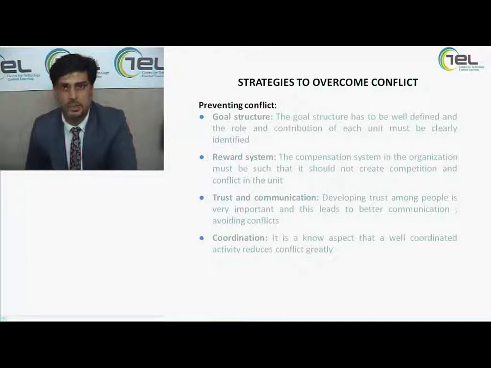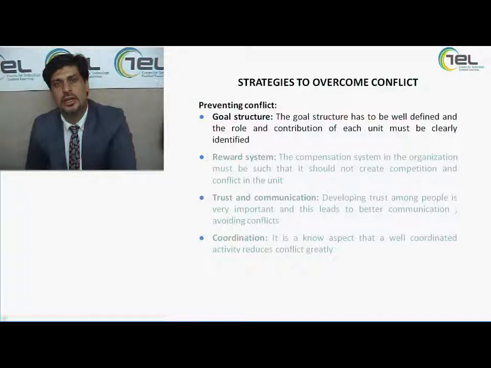I'm not saying finished because they will never be finished. So, organizations coming up with options where the chances of conflicts are minimized. So, what is it that organizations can do so that conflicts can be minimized or prevented? Let's look at them one by one.